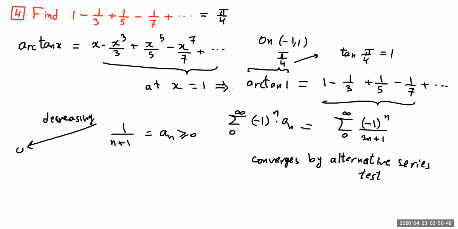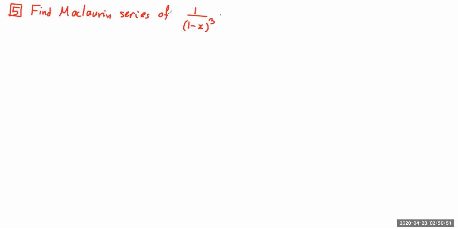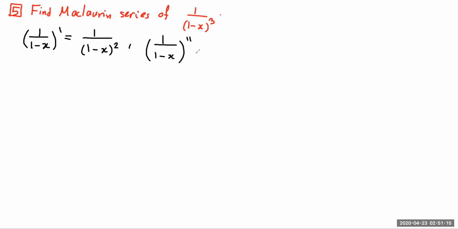Okay, next exercise. Find the Maclaurin series of 1 over (1 minus x)^3. What is the derivative of 1 over 1 minus x? It's 1 over (1 minus x)^2. What is the derivative of 1 over 1 minus x two times? So it's the derivative of 1 over (1 minus x)^2, one more time.